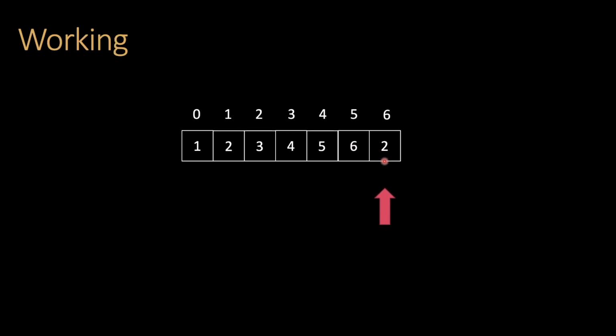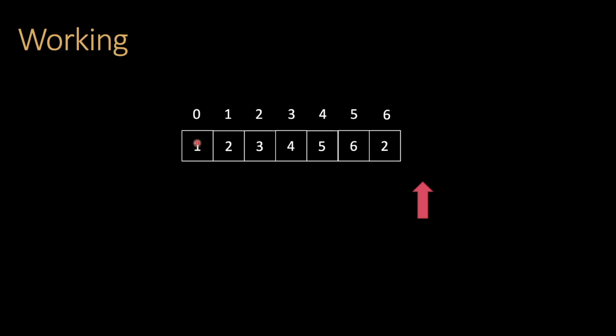Is 2 at the correct position? No. So what will be the correct position of 2? That is 2 minus 1, first index. But its value is the same as the value at the first index. So we will not do anything and we will continue. Now we have ended up traversing our array. Now we will again traverse the array and check if value equals index plus 1 or not.